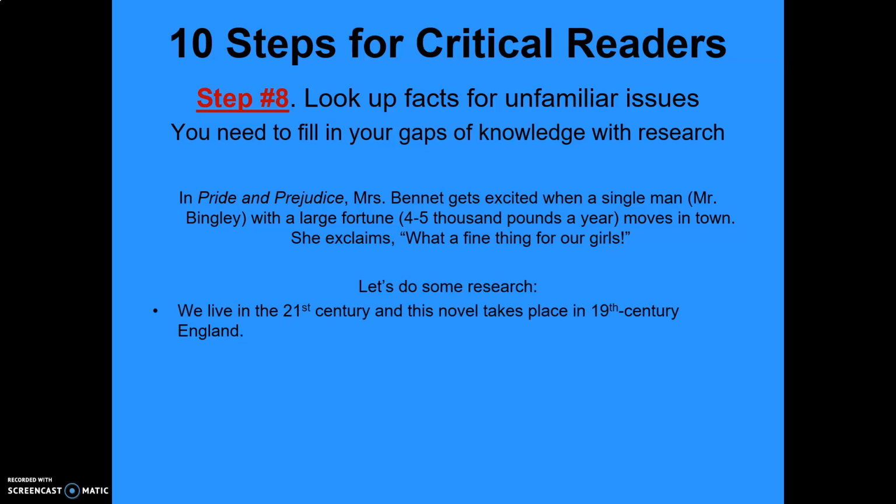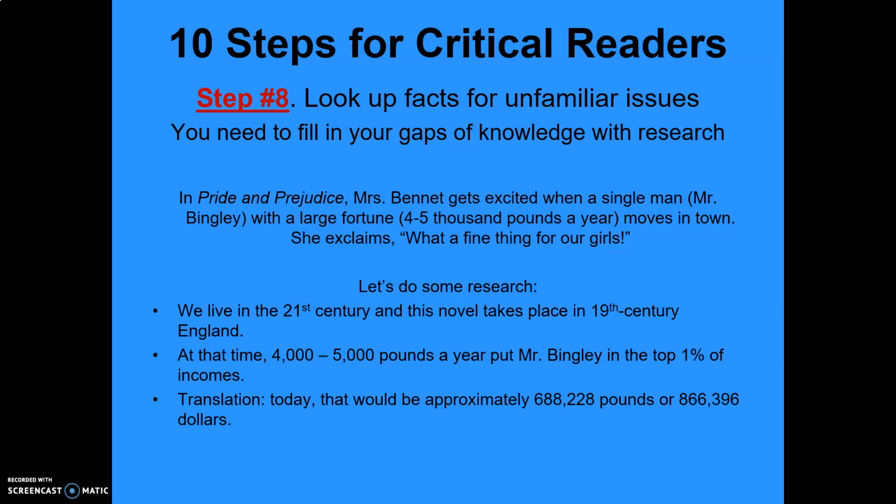Number 1, it's important to know that this novel is taking place in 19th century England. Number 2, 4,000 to 5,000 a year puts Mr. Bingley at the top 1%. Number 3, what does that mean? If we translate that today, that would be about 700,000 K, or at most 866,000 K. That's a lot.